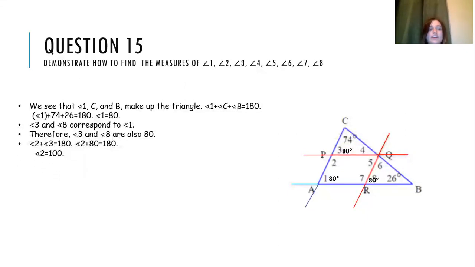Next, we have angle 2 plus angle 3 equal 180, and angle 2 plus 80 degrees is equal to 180, which means that angle 2 is equal to 100 degrees.